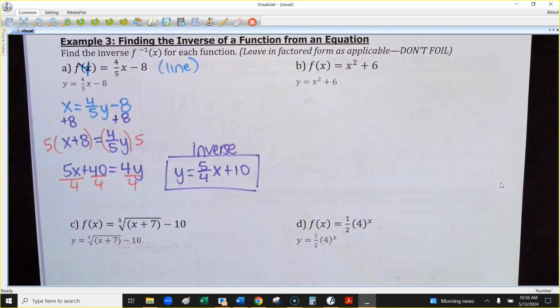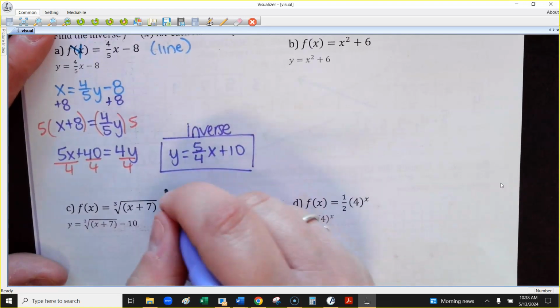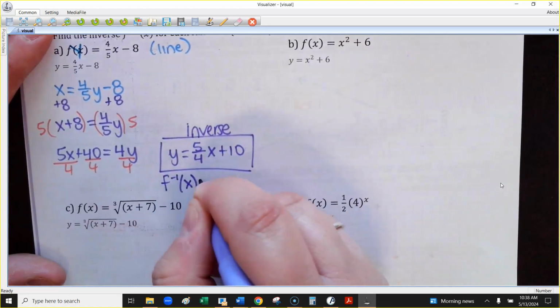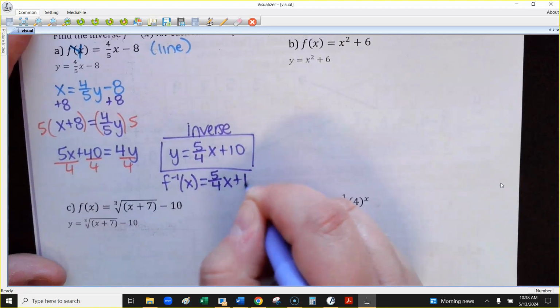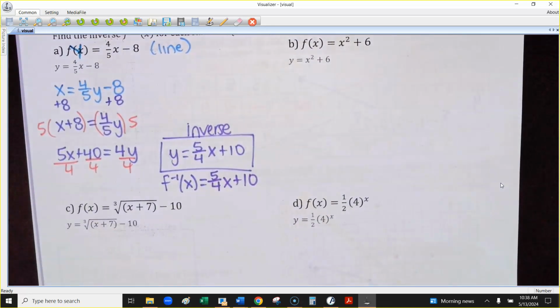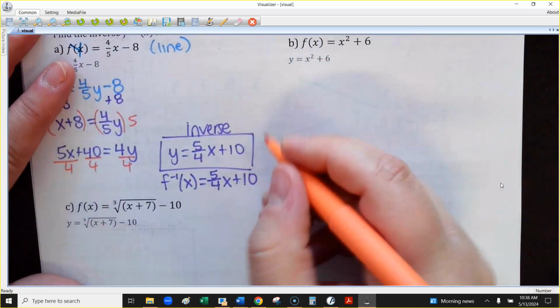I'm not going to be super picky about it, but if you want to go back and replace that y with the f inverse of x notation, you can do that. I just want you guys to be familiar with it. When I work with these, I usually use x and y, but that inverse notation would be the same thing. So if you have a line, the inverse is also a line.